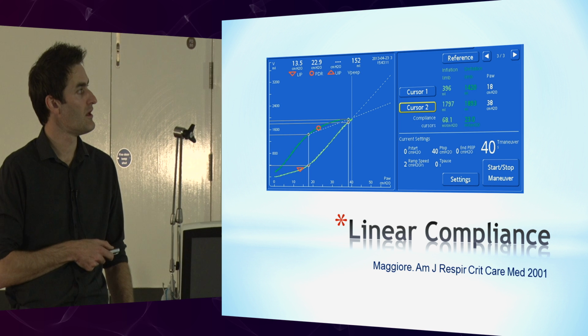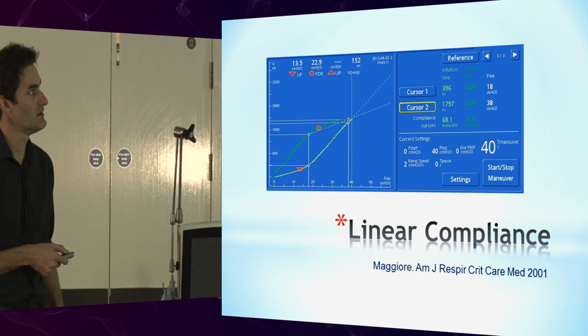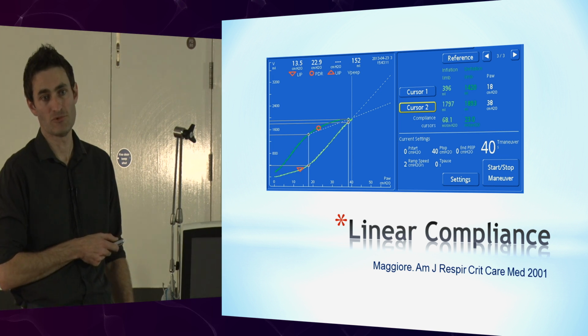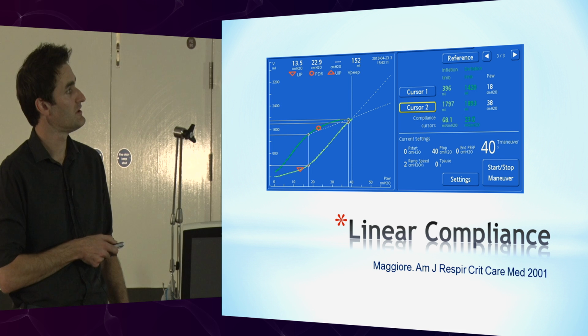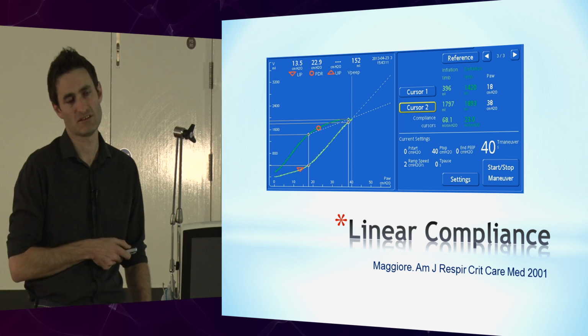So the PEEP needs to probably be somewhere between. Hamilton gives you a point of de-recruitment, okay, which I wasn't going to talk about, but that's this value up here. Probably the PEEP needs to be somewhere between those 2 points, okay? But lower inflection point is probably too little.